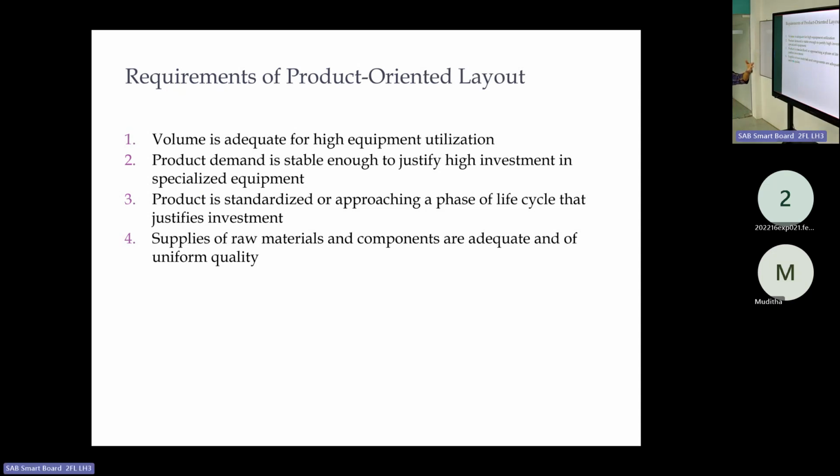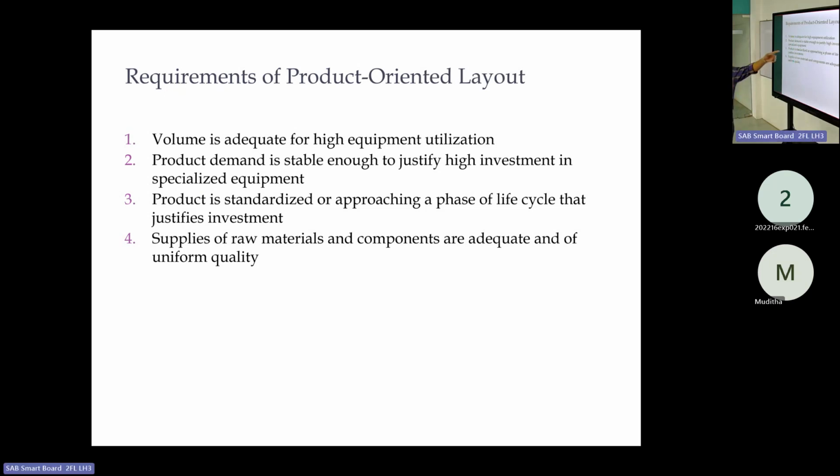Product demand should be stable enough to justify high investment in specialized equipment. Can you understand it? We'll have to go for automation. We'll have to go for highly expensive machines. That investment should be justified with high product demand. Product is standardized or approaching a phase of product life cycle that justifies investment, like the growth stage or the maturity stage.